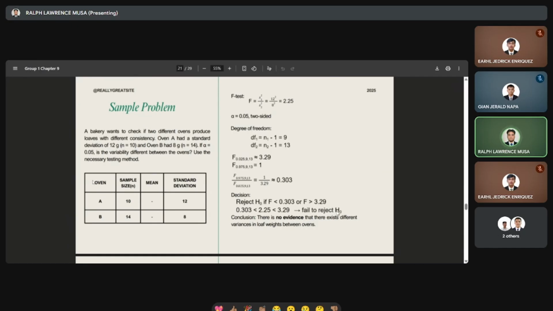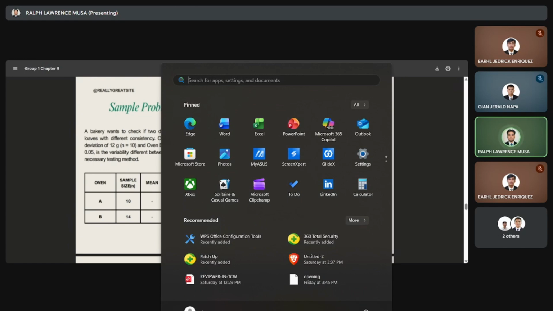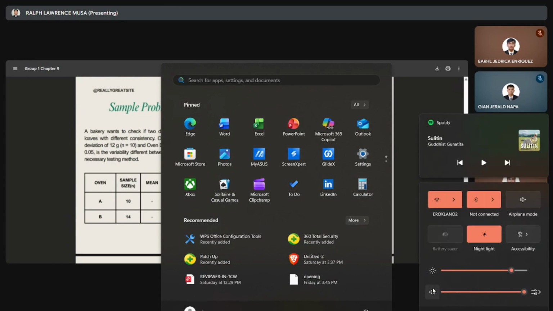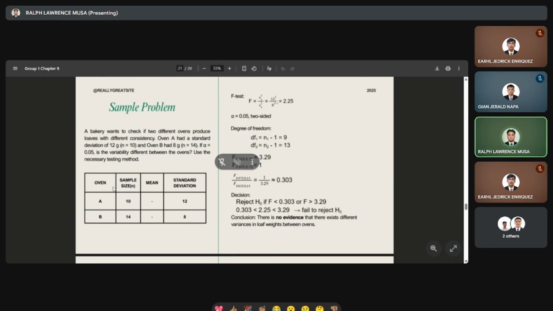These are the table of our given, and for computing the F-test, the formula is F is equal to s sub 1 squared all over s sub 2 squared, which is 12 squared all over 8 squared, coming from this table.